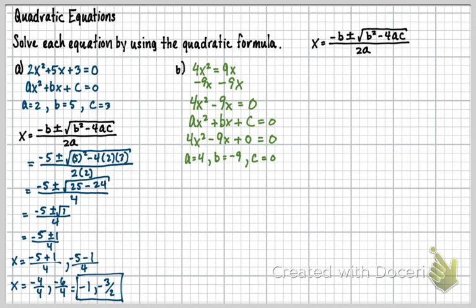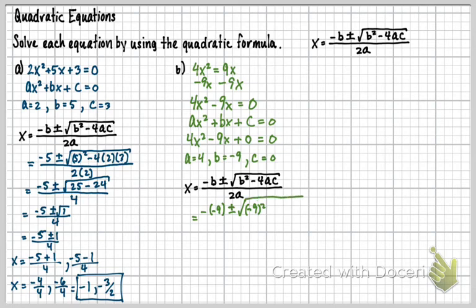Now let's take a look at the quadratic formula. So that's x equals negative b, and our b is negative 9, so I'm going to write a negative 9 there, plus or minus the square root of b squared, and my b again is negative 9. Like I said, use parentheses there, because if I plug that into my calculator without the parentheses, it's going to give me the wrong answer.